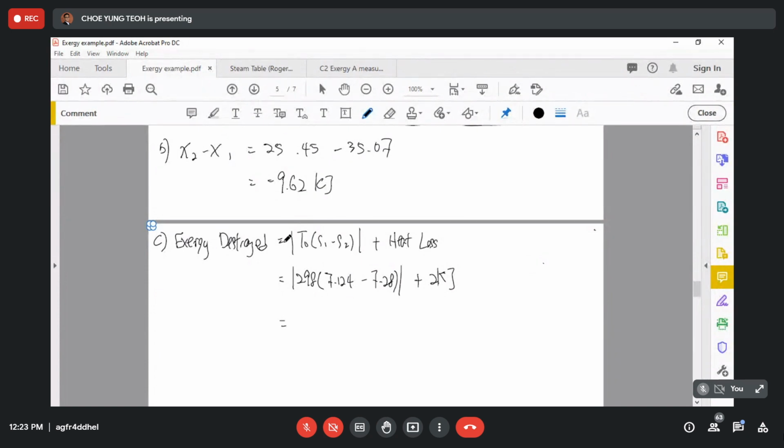So I multiply mass in front, so that it will become the same unit, kilojoule. So you have a total of 4.32 kilojoule of the exergy destroyed.